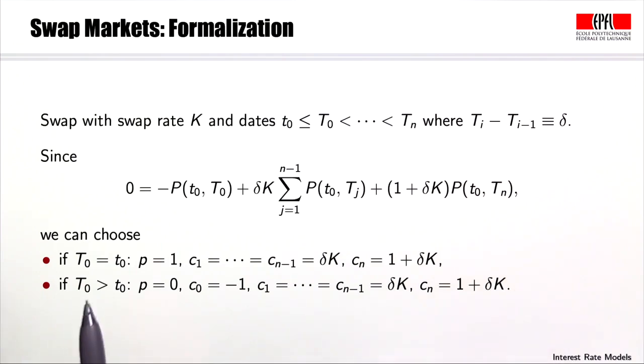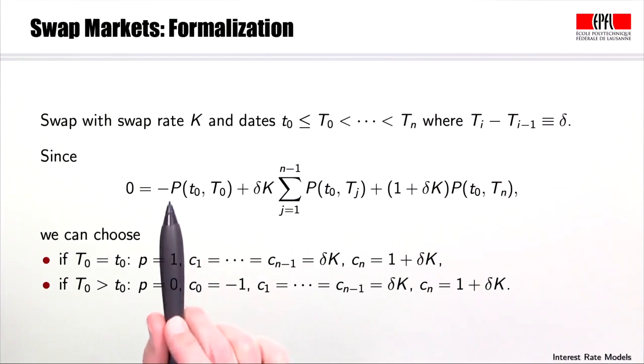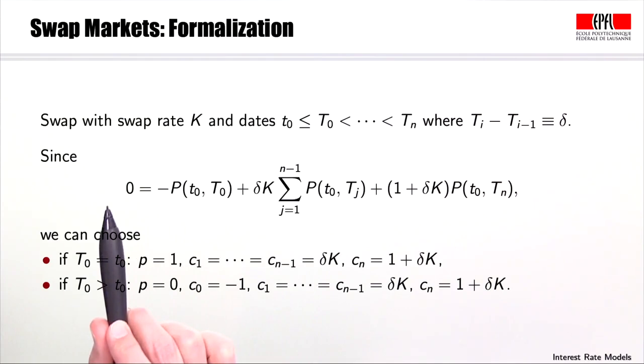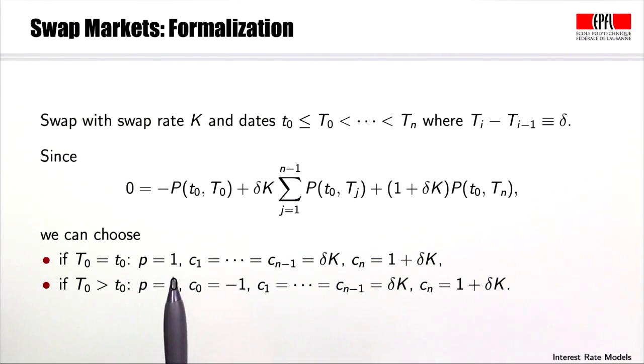If the swap is spot starting, if capital T0 equals the small t0, this is just value 1. We take it to the left-hand side and we see that we get a price cash flow scheme of price 1, cash flows delta times K and 1 plus delta K at the maturity.